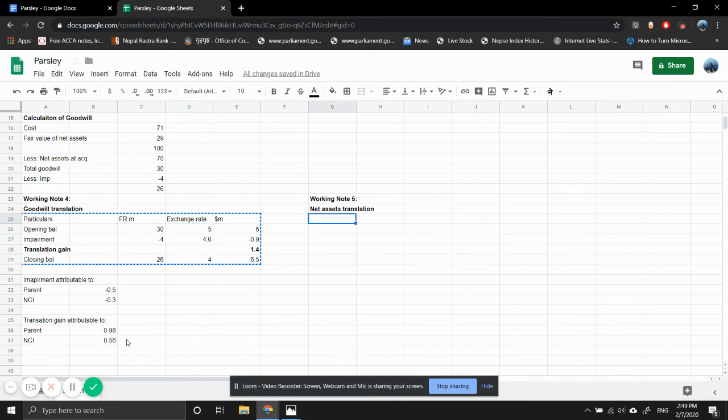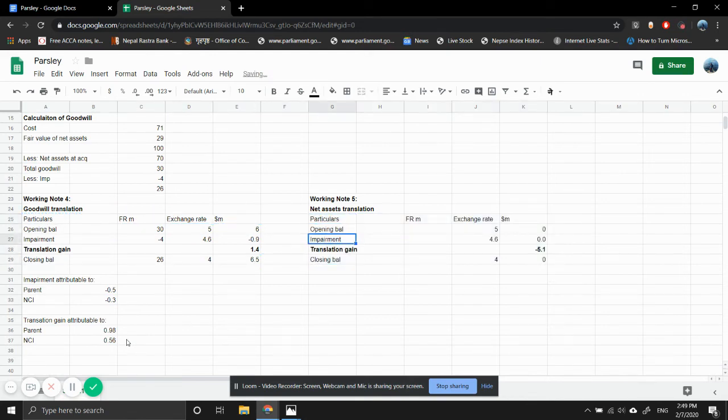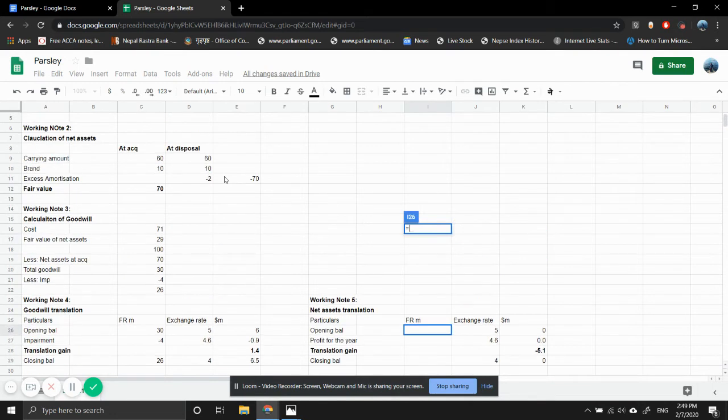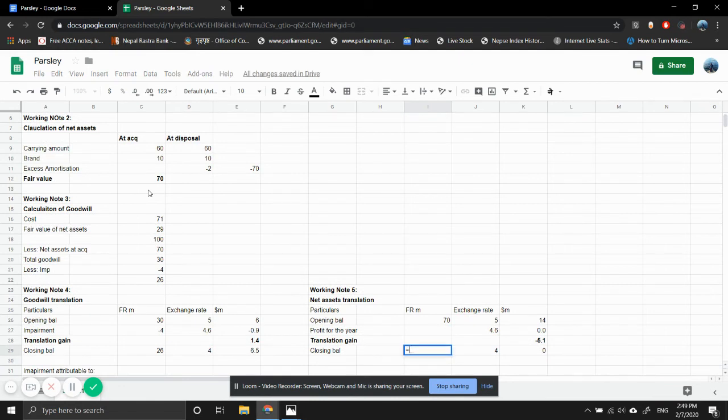The only difference is that this will be profit for the year. So what's our opening balance of net assets is already over here, 70, right? And then our closing balance will be this figure plus profit for the year, since it was acquired exactly 1 year ago.